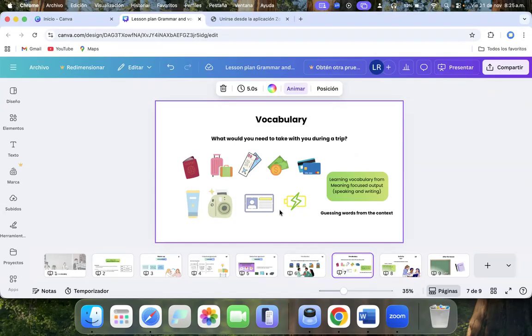When we are beginners, translation is a resource that we often use for a lot of purposes, but as this is a B1 class, it's time to move a little bit from translating, and at the same time, it could be meaningful for them to remember the picture and the word rather than the translation.